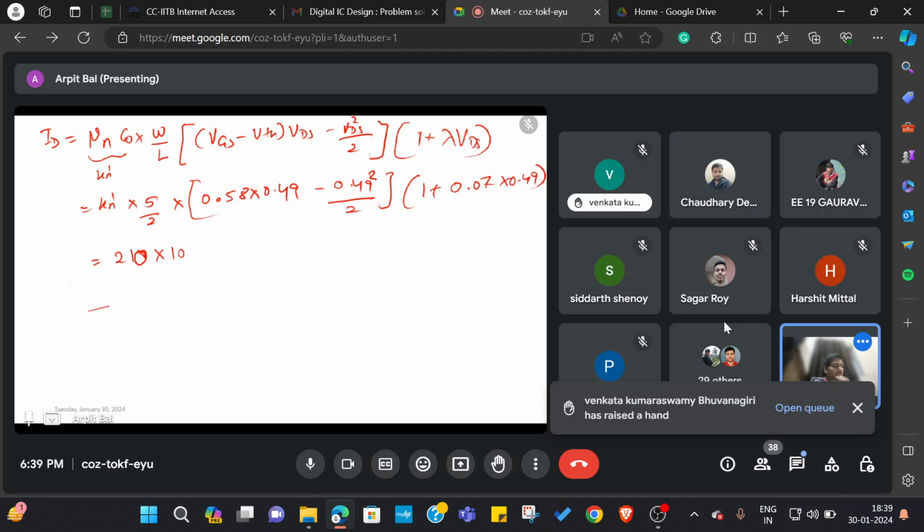Yeah, that's a good question. Mostly it operates in saturation when the short channel effect is taken into consideration, but if it is linear, why can't we use the 1 plus lambda VDS? Yeah, I think it can be used, right?